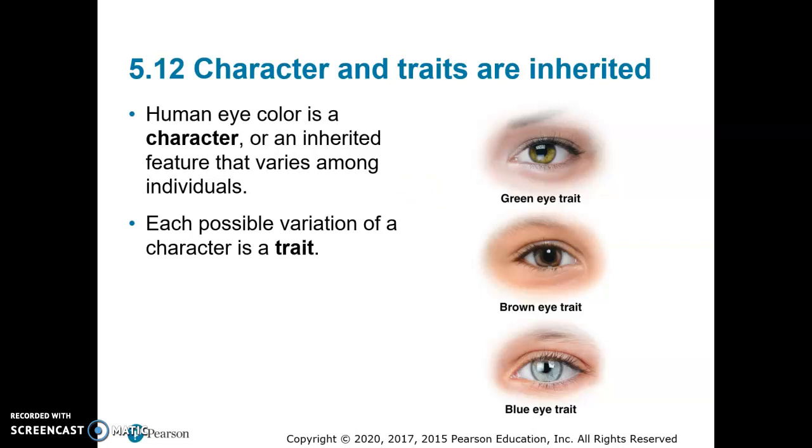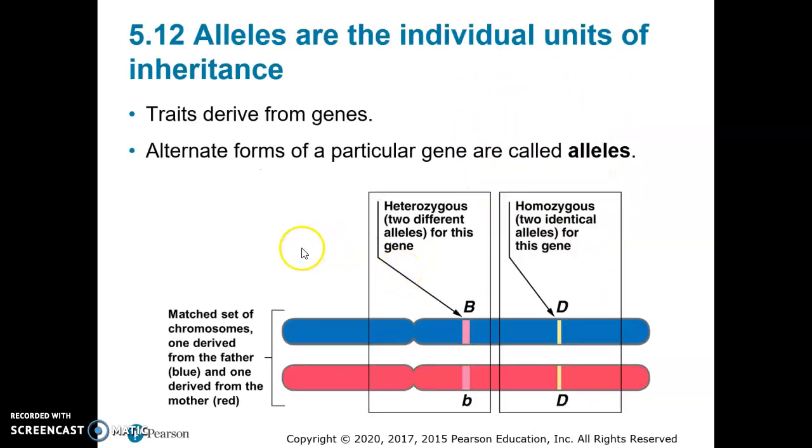So when it comes to looking at this stuff, we've got some language here to talk about. We often talk about a character or a trait. When we're trying to track genetics, we might talk about eye color, the trait for eye color. And there are oftentimes different forms of that trait.